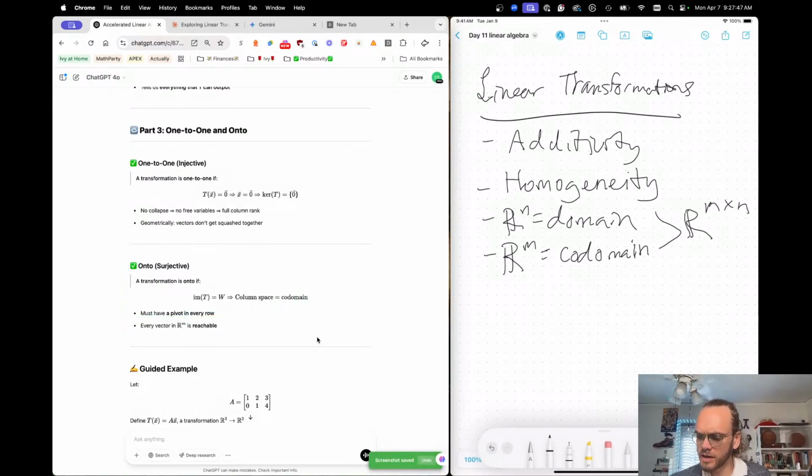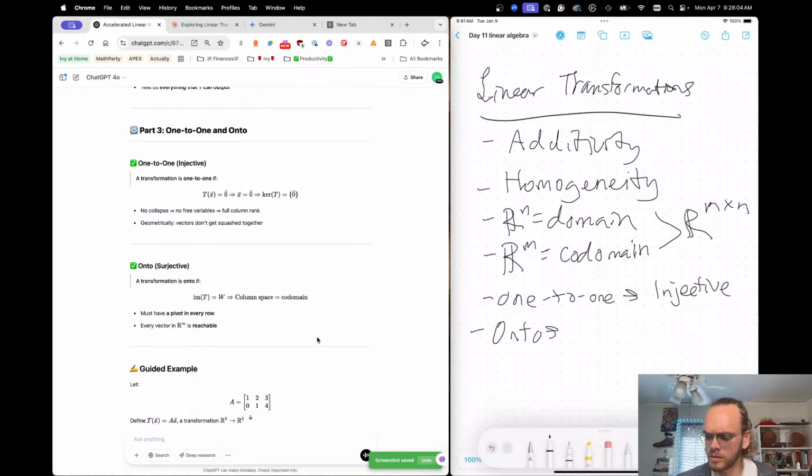So one-to-one, I vaguely know this from algebra, is injective, and onto is surjective. This is going to take a while to click, I know that.